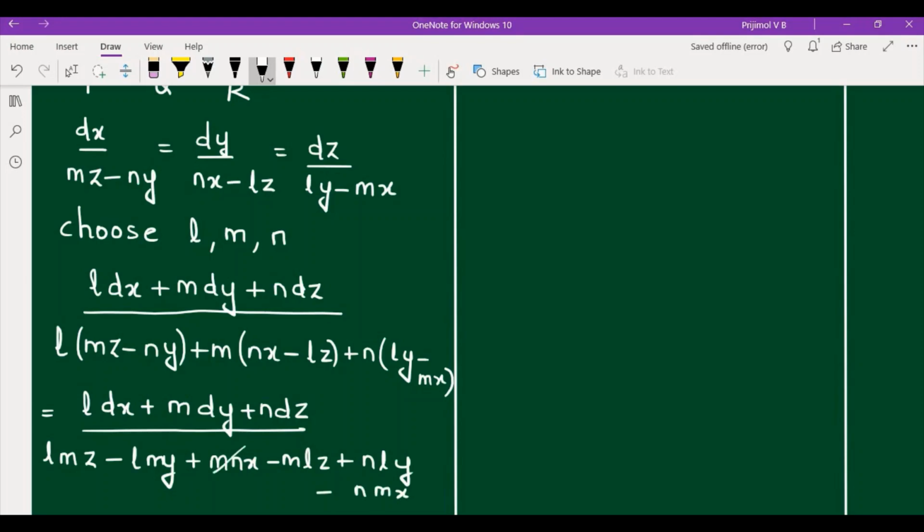Okay, so we have terms which are in opposite sign, minus lny plus nly plus lmz minus mlz, all are same but with the opposite sign.